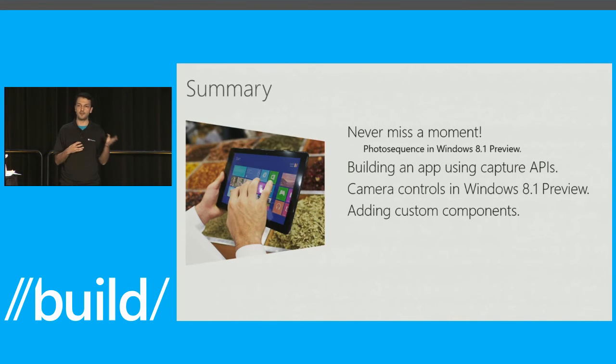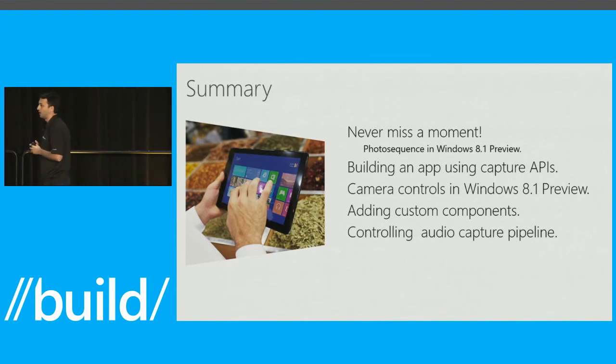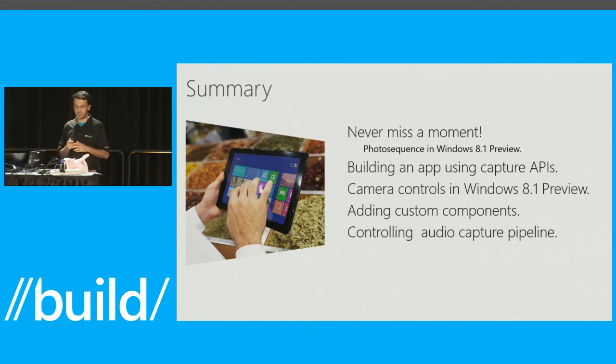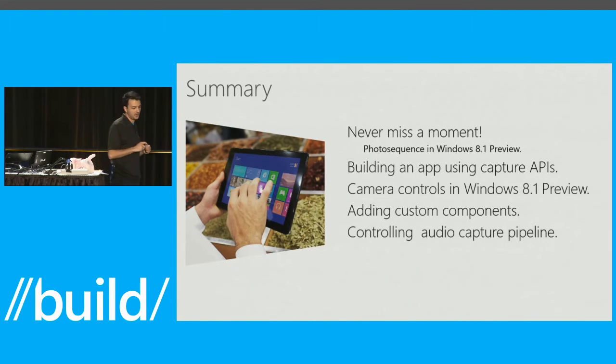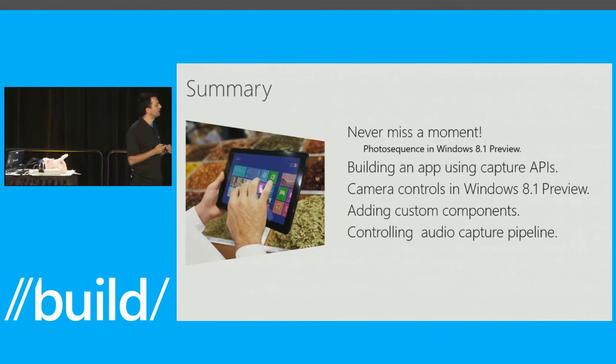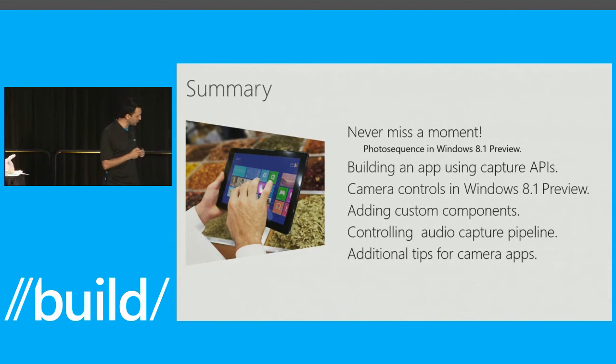We have a wide variety of effects and scenarios that you can simply start from that code and customize for what you want to do. So you don't have to write everything from scratch. We talked about how we can fine-tune the capture pipeline, if your scenario requires that, and we shared some additional tips for camera applications.